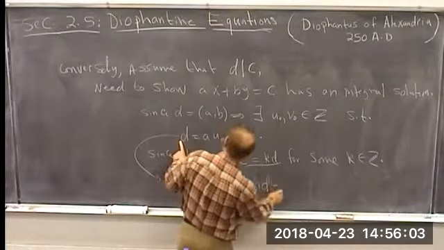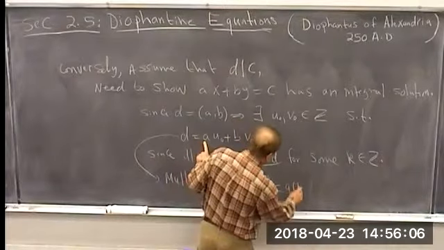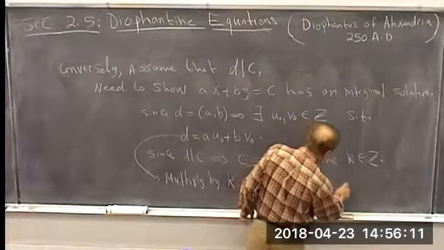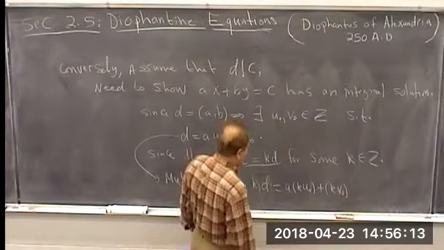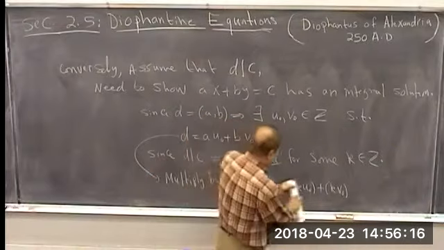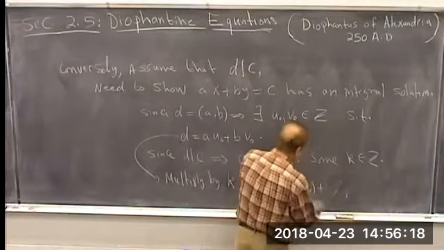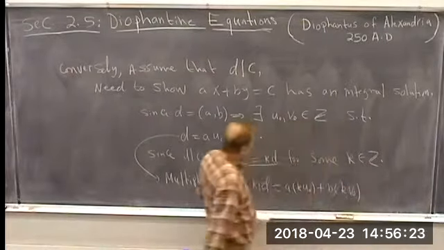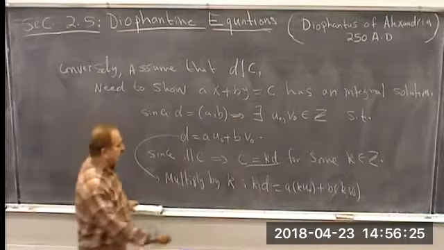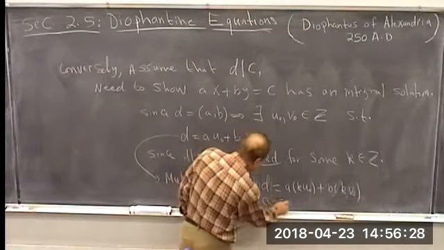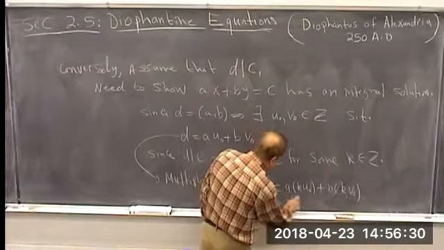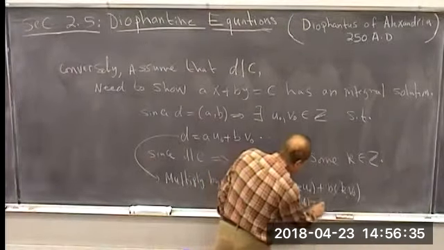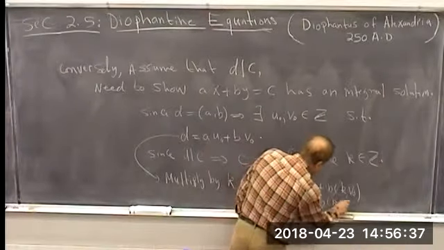kd becomes a times k u sub 0 plus k v sub 0, and b, I need a b, b times k v sub 0. Right. But kd is equal to c, so this is equal to c, and now I have a solution, a times k u sub 0 plus b times k v sub 0.